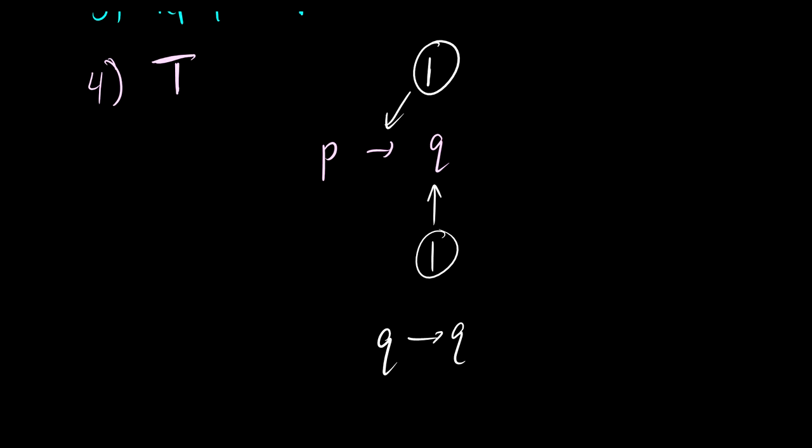So if we have something pointing to this, it can be whatever it wants in the world, and this will always be a tautology, because this is always a 1 over here, which means that this arrow will also always be a 1. Okay, so that was the practice problems for logic laws.